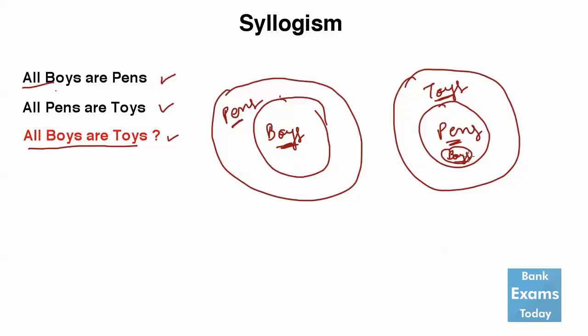All boys, this smaller circle, that boys is a part of the bigger circle, toys. So yes, it's true. All boys are toys. So let's do some difficult questions that will be asked in the real exams.